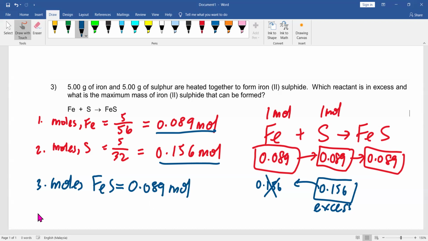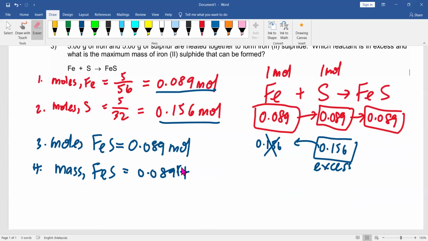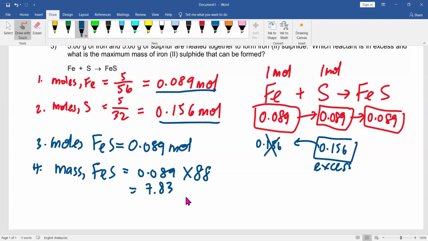And so the mass... Get it? So you must always use the one that is less.